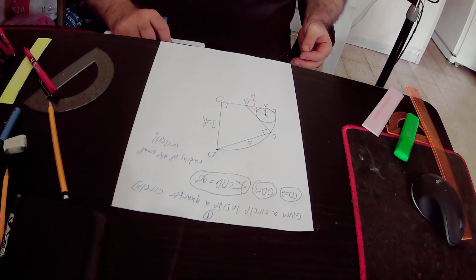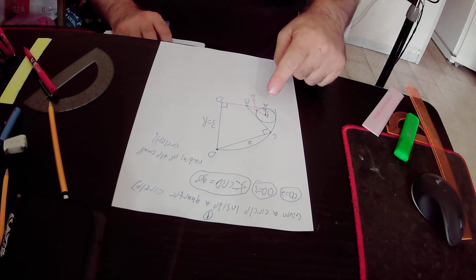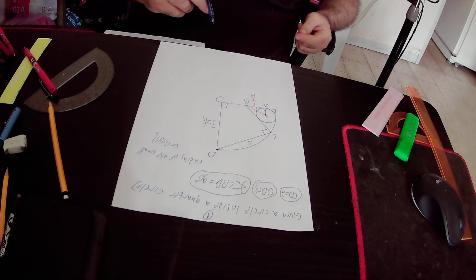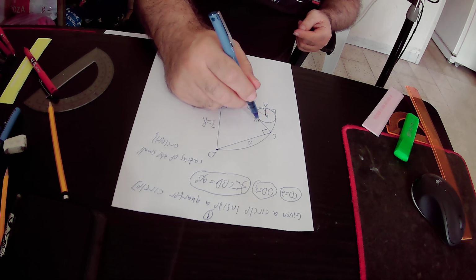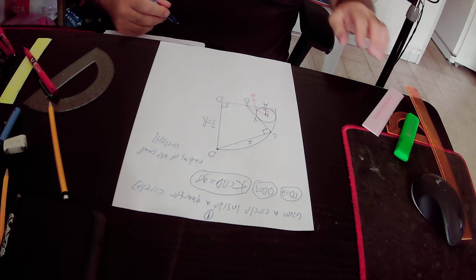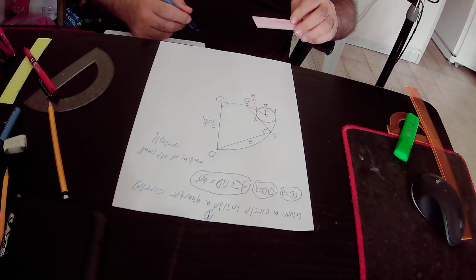In the next step, we will define the touching point between CB and the small circle as X. X is the touching point between CB and the small circle, and then we will join together points P and X by a straight line.